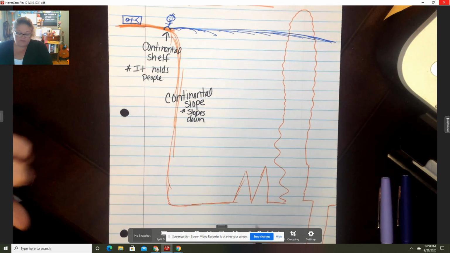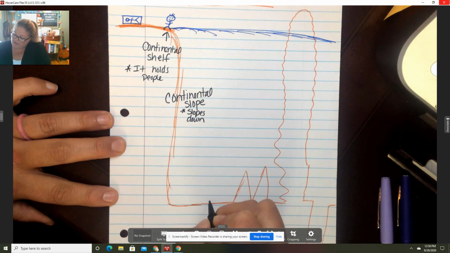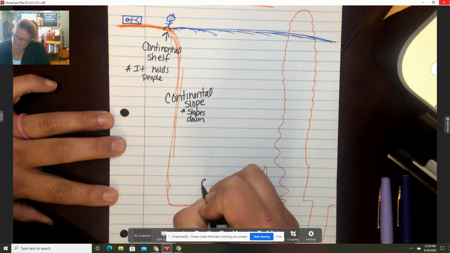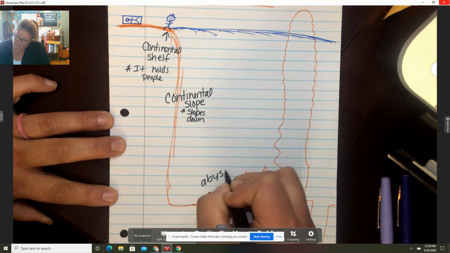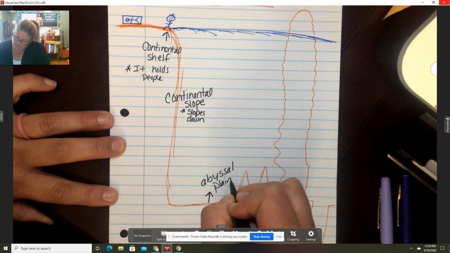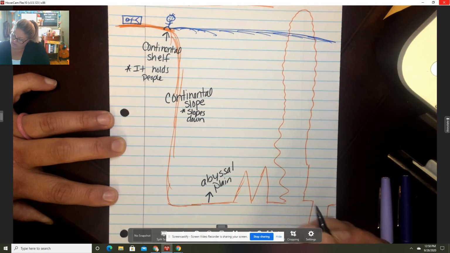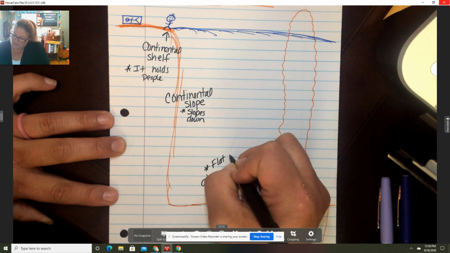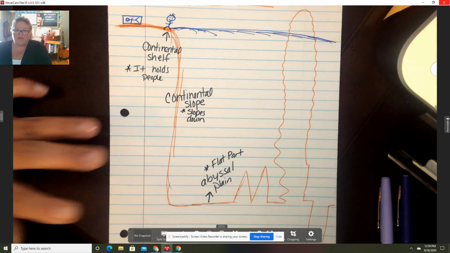All right, then let's do this one first. Okay, so the flat part of the ocean is called the abyssal plain. I'm going to put above it flat part.